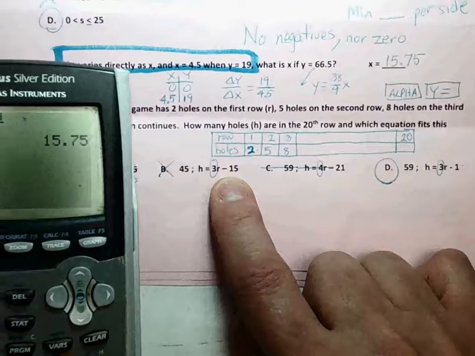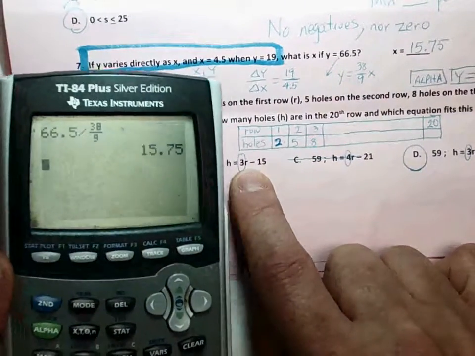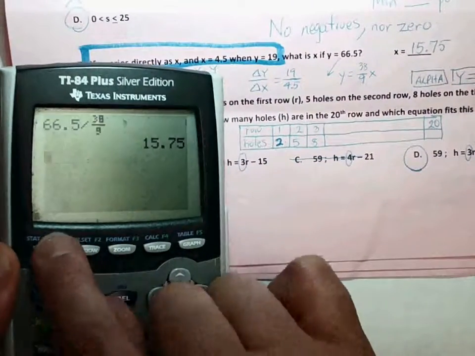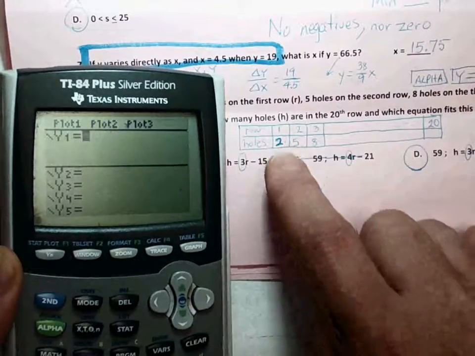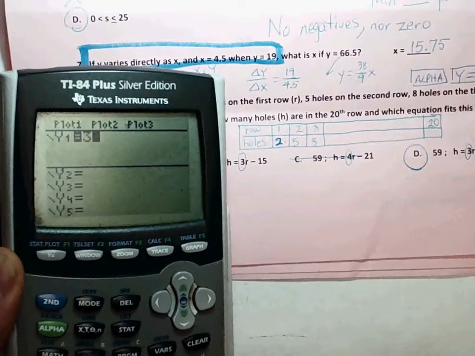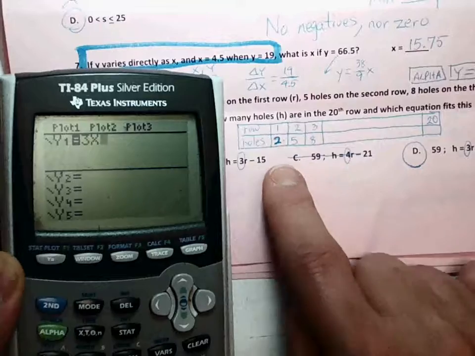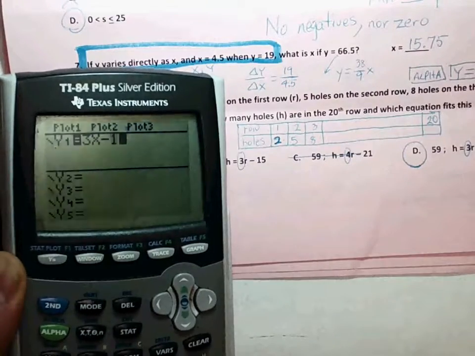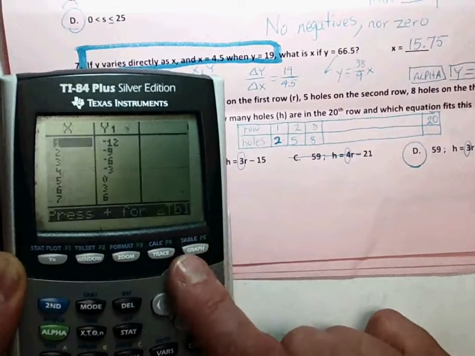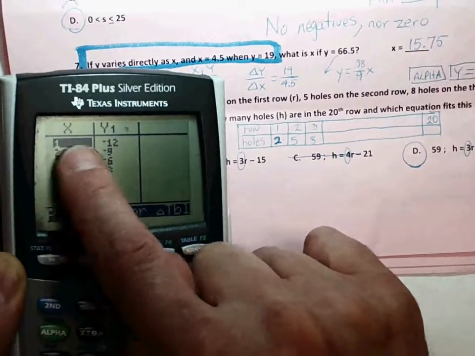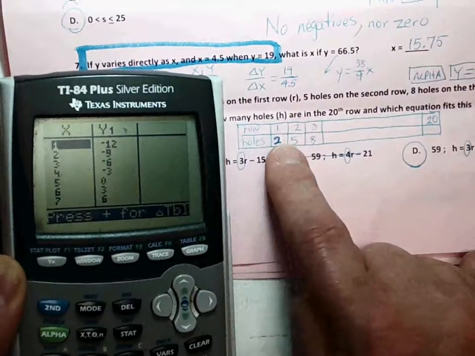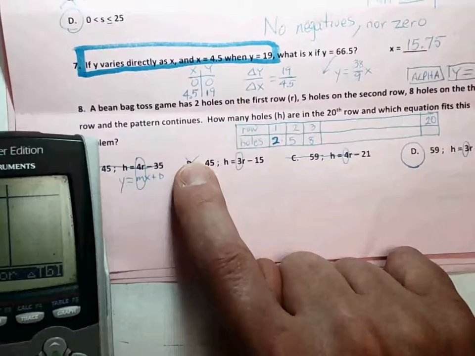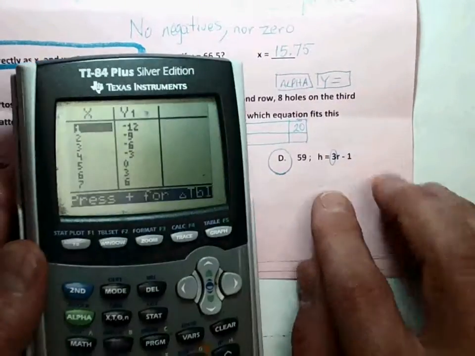Now, we can always use our calculator because this is an equation. So if we come over here to our y equal button and type in 3x, remember with a calculator you got to use an x, 3x minus 15, and we go to our table, second graph, we see that the first row has negative 12 holes. No, it doesn't. Cross it off. We can check this one.